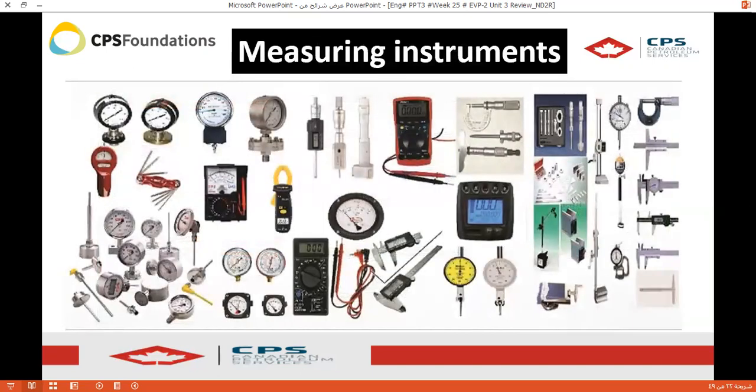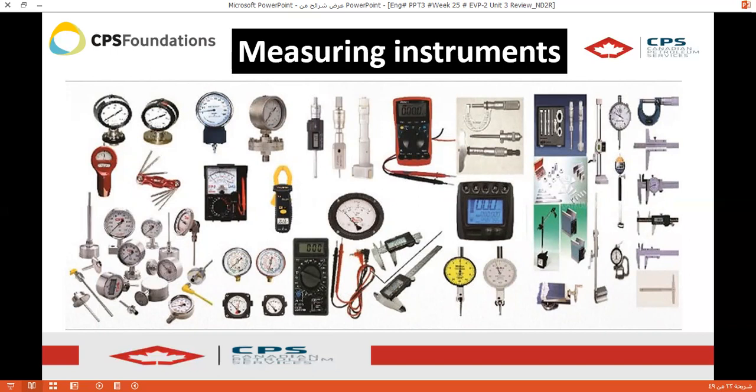Measuring instruments, measuring devices, instruments. Okay, these are measuring instruments and they are usually used to measure length, weight, pressure. So you can also measure the pressure of the air in a tank or something. You use a measuring instrument for pressure.